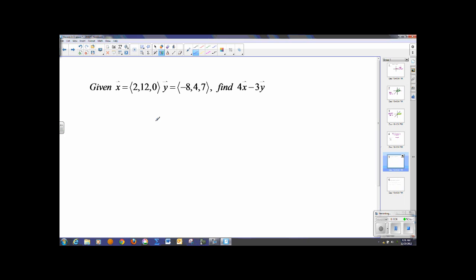To add these two vectors, I do basically what I did in 2-space. So we're going to take the scalar multiple of 4 and multiply it by x.